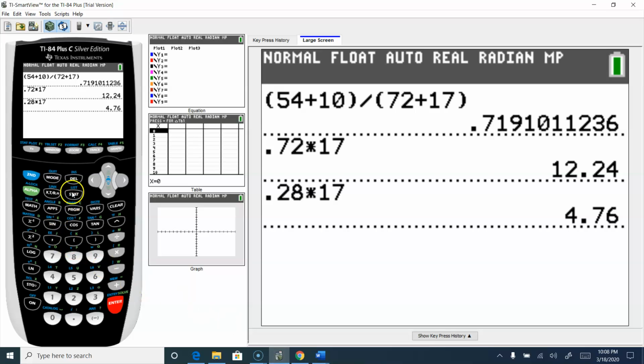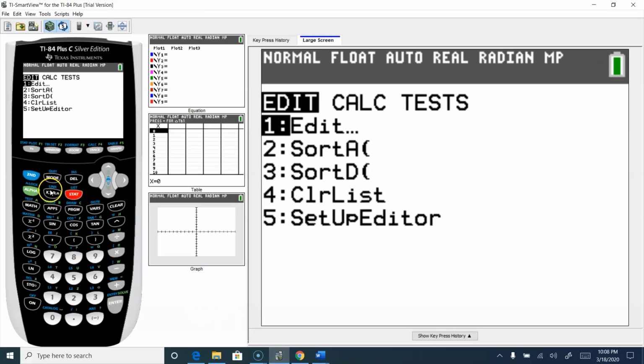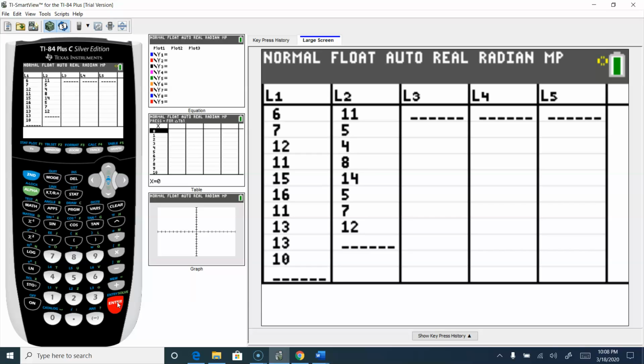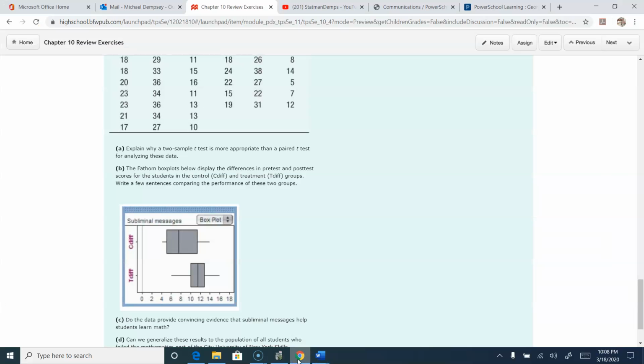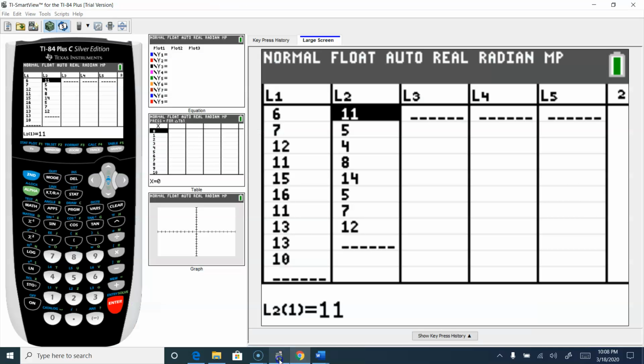Okay, so remember, anytime you see lists, we should go to stat and edit, and let me just double check. I think I have my list in there. It's the same list. Yep. So you're going to go to stat and edit and make sure you enter those two lists, or on the Nspire, you're going to have to create the list, maybe call one of them treatment, one of them control.